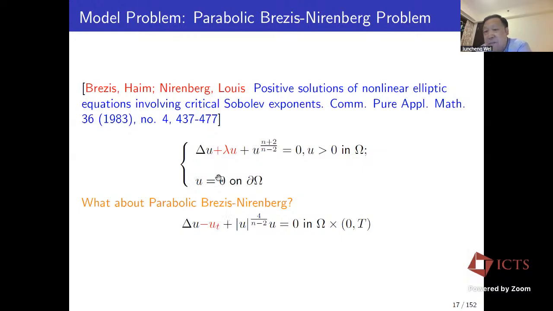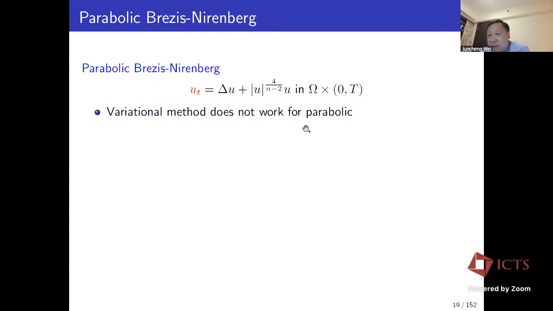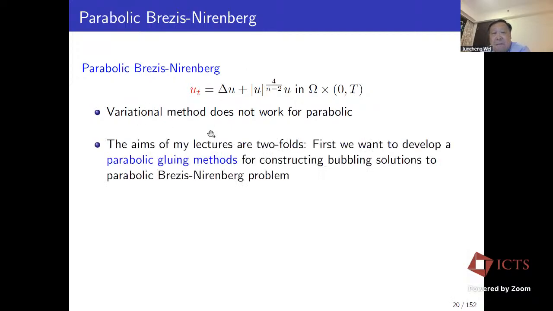Replace the Laplacian by minus u_t. This is called a parabolic Brezis-Nirenberg problem. For this problem, the variational method does not work. I want to construct concentrating solutions, so the variational method does not work.